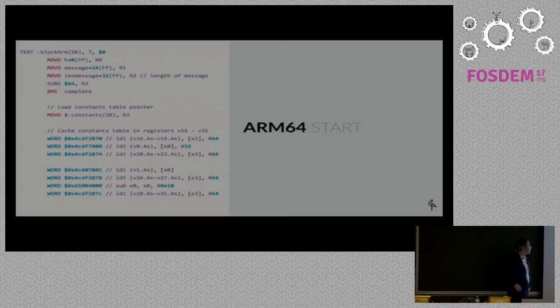This is actually an ARM example. So the first line is basically how you define the function in the assembly code. And the first thing that you do is read the parameters that were passed in. This function takes 2 slices as inputs. And as maybe some of you know, a slice is actually a structure with 3 elements in it. The first element is a pointer to where the actual data is, and the second is the length of the slice.